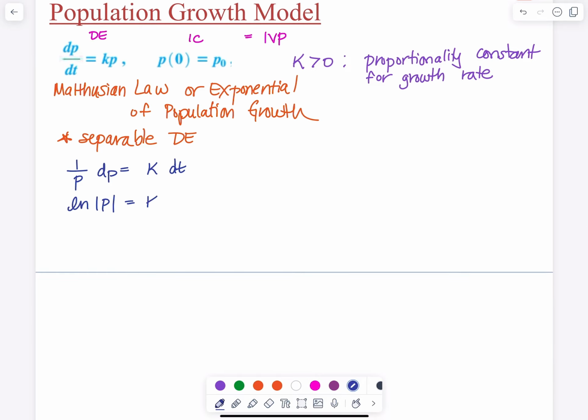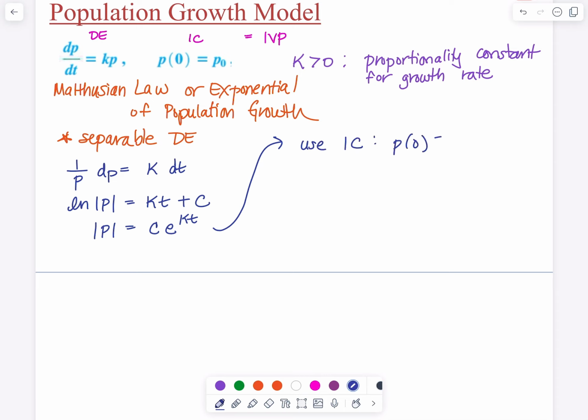The natural log of the absolute value of P is equal to kt plus a constant, so the absolute value of P is equal to C e to the kt. This is still a constant, C e to the kt, plus or minus the right-hand side.